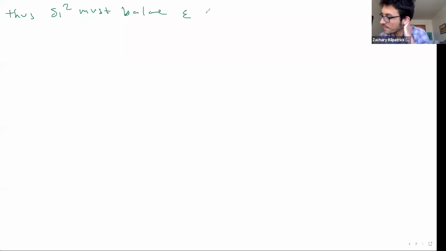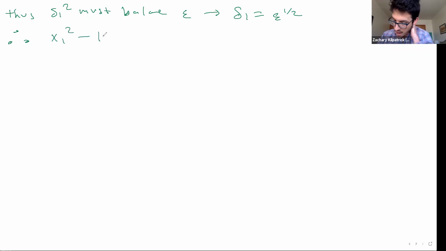And so that implies that delta 1 is equal to epsilon to the 1/2. Therefore, taking our equation from before, x1 squared minus 0 minus 1 equals 0. Therefore, x1 equals plus or minus 1, as we found before when we used the epsilon to the 1/2 expansion.